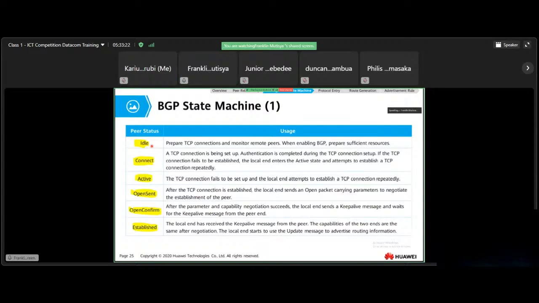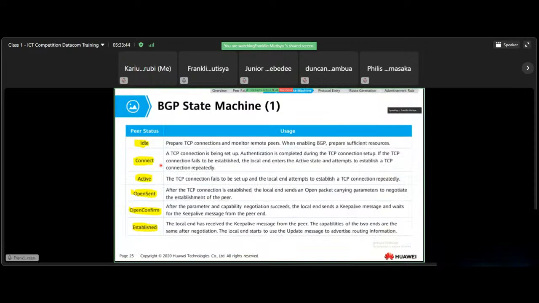They negotiate the links using what we call the TCP three-way handshake. Once the TCP three-way handshake is over, we start negotiating and sending the open message.